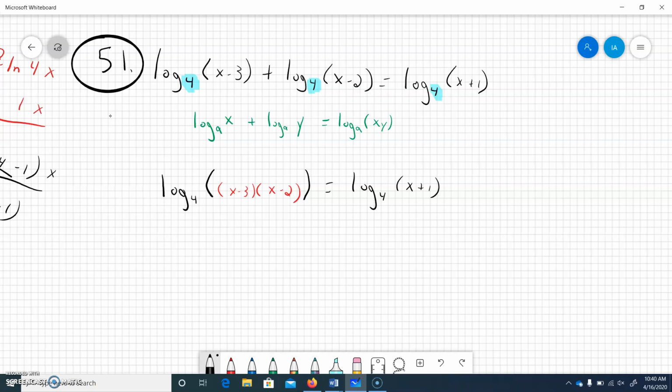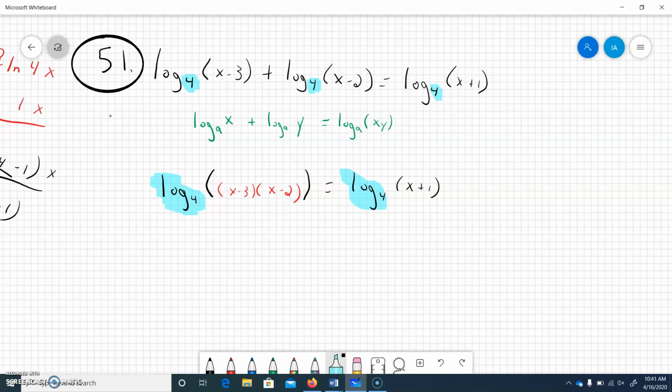Now what's kind of neat here is that we now have not just the same bases, but we have log base 4 of something equal to log base 4 of something. So in the previous example, we said that we could do the same thing to both sides and it would still be equal. We can do that here.